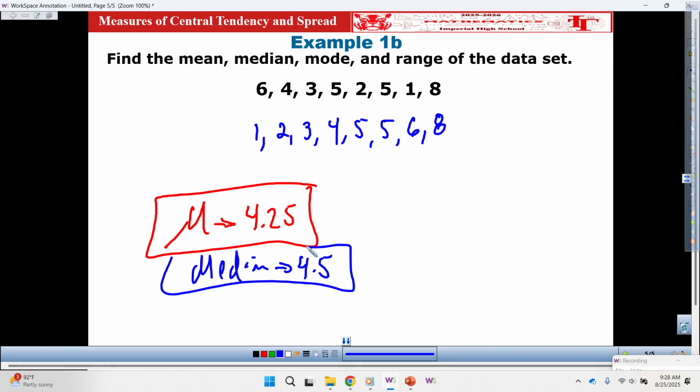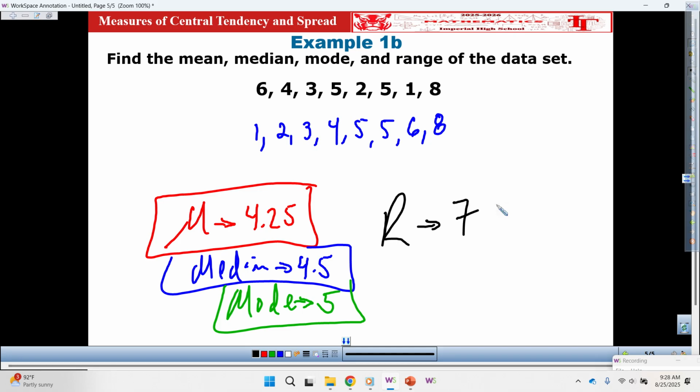Hands if you got 4.5. That is correct. Mode. Pass someone. Enrique. 5. Hands if you got 5. That is correct. And pass it to Mr. Q. The range is 7. Hands if you got that.